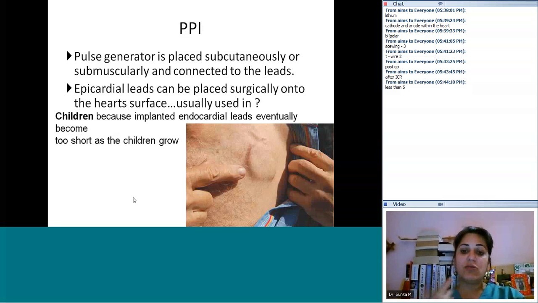And so you need to rechange the whole system. And therefore, in neonates and infants, some people say less than 2, less than 5, but definitely in smaller children, you use epicardial leads rather than transvenous. Okay, so children and yes, in the post-operative situation.